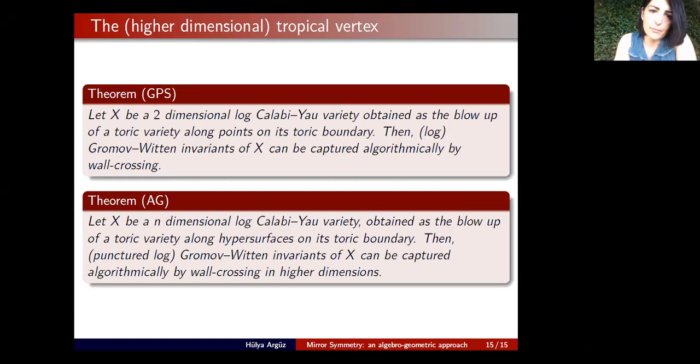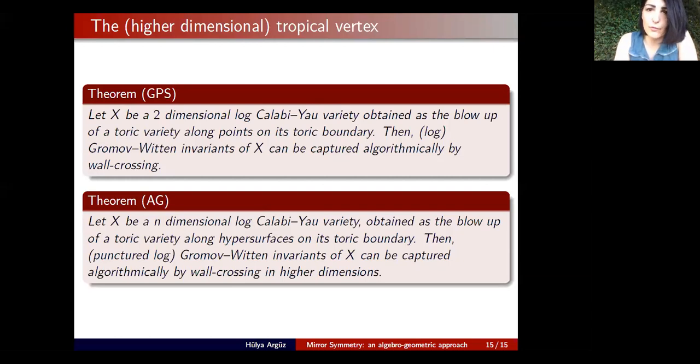So we did wall crossings in higher dimensional bases and showed that you can still do tropical geometry and you can still algorithmically compute Gromov-Witten invariants out of these constructions.